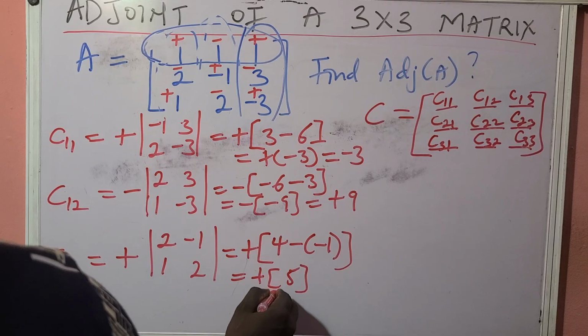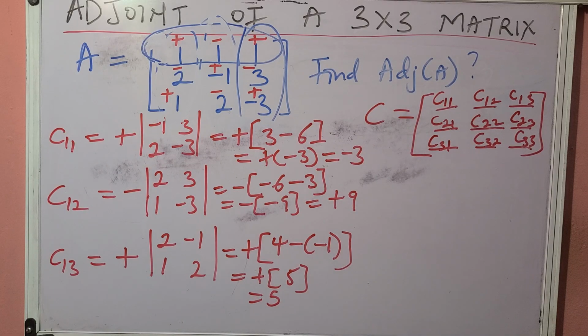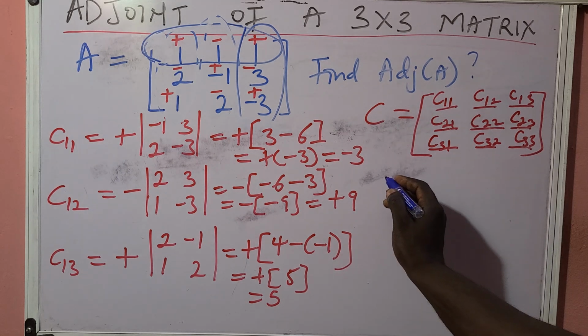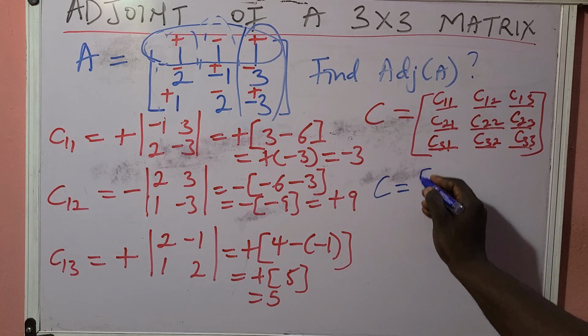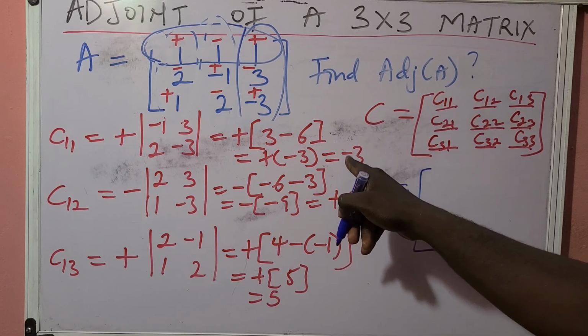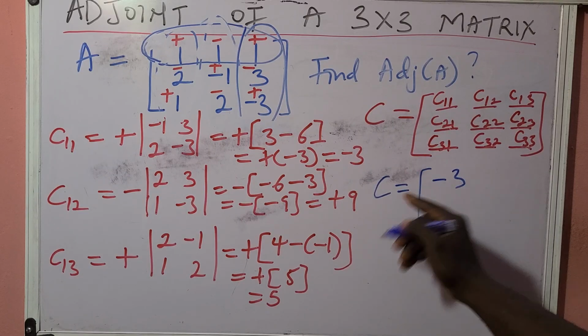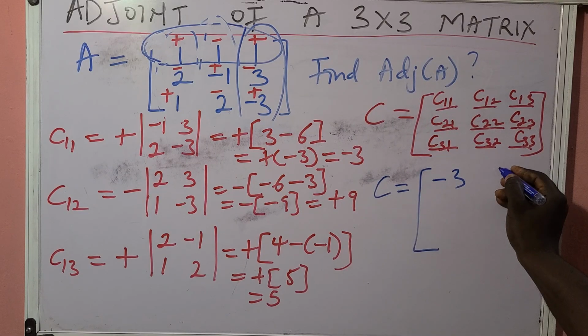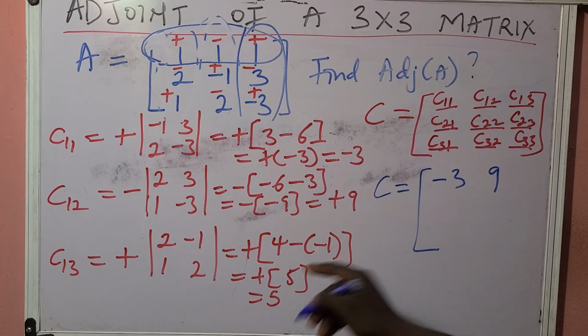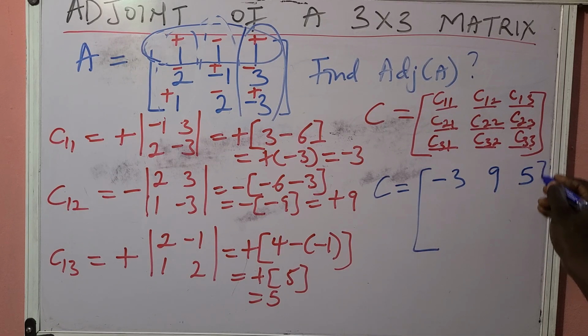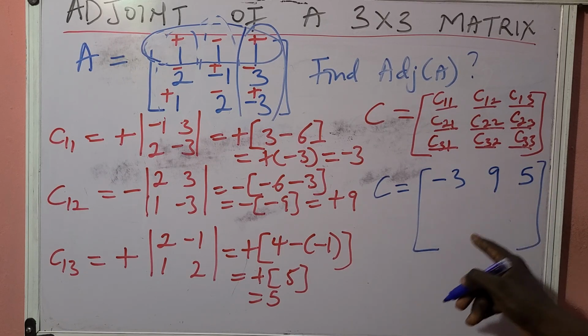So our value here will be 5. So this way, we have been able to find the very first 3 elements of our cofactor matrix. So our cofactor matrix, we know C11 to be -3, C12 to be +9, and C13 to be 5. So we need to go on to find the other elements.